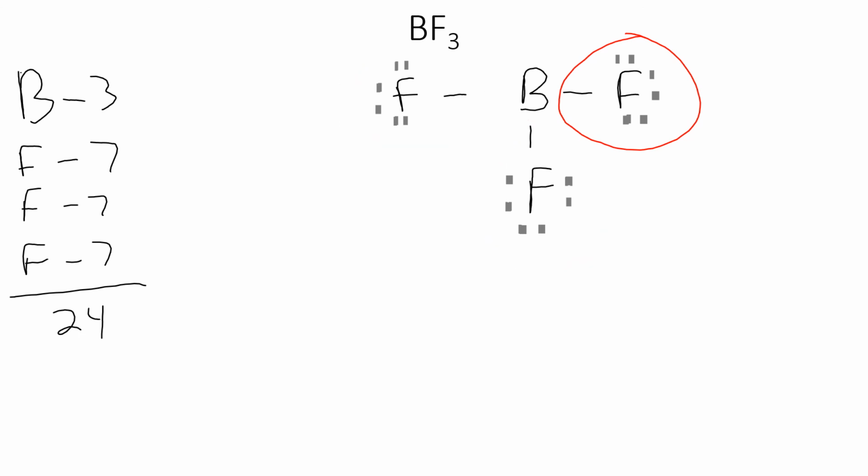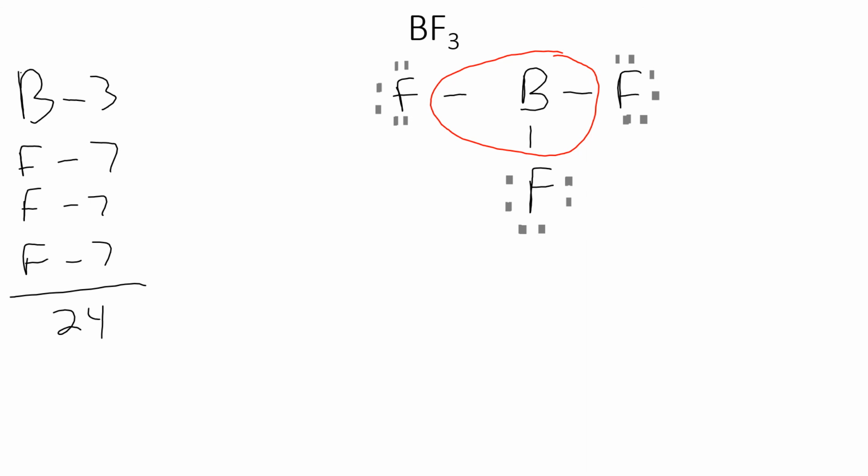Next, you would look at the octet on the central atom, the boron. You'd see you only have 6 electrons around that central atom. 2, 4, 6. So right away you'd be thinking, okay, I want to complete the octet, so I would move a lone pair from the fluorines in to make another bond, because you know how important the octets are.